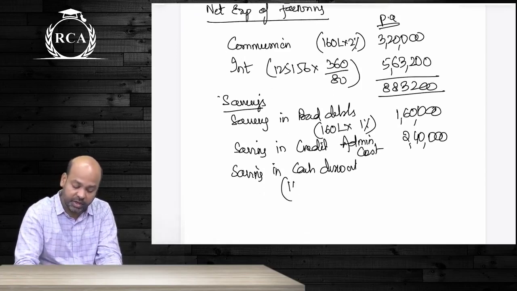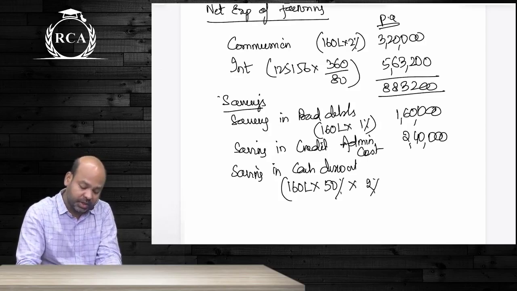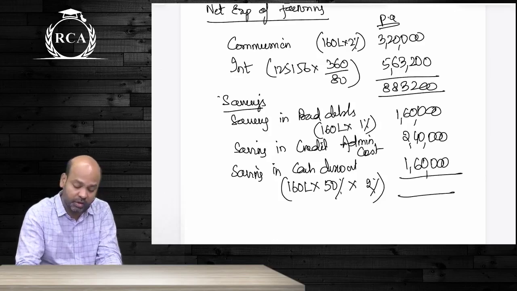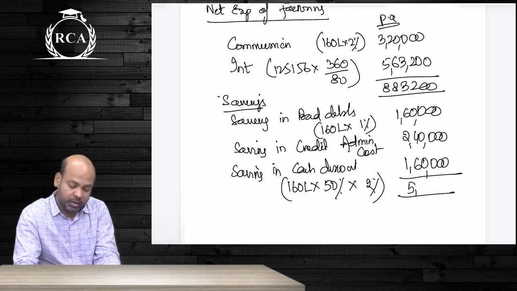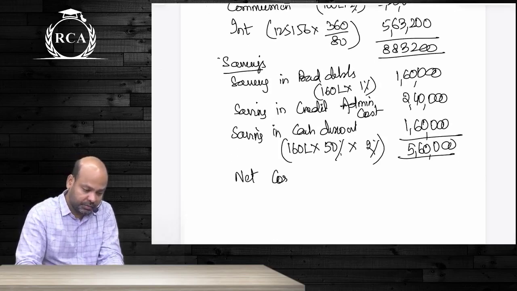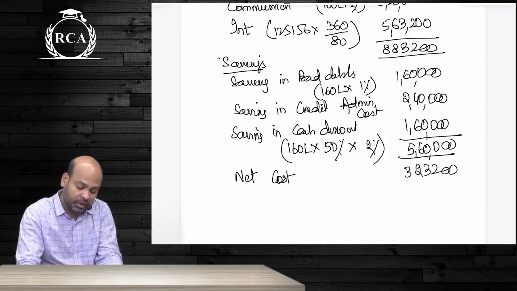समझ में आ रहा है? Saving in cash discount, guys: 160 lakhs के कितने percentage लोग, बेटा, were availing cash discount? 50%. On that how much cash discount are we giving? 2%, so that is 1% on the entire amount, 1,60,000. Total savings कितने हो गए? 5,60,000. What will be your net cost? 3,23,200.